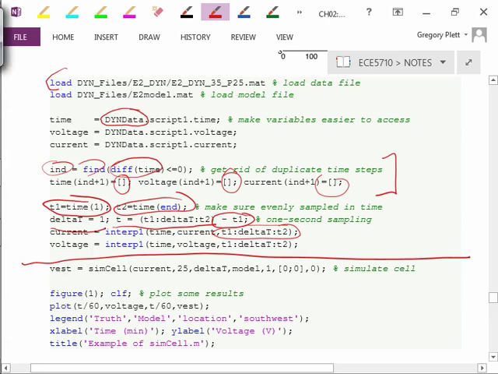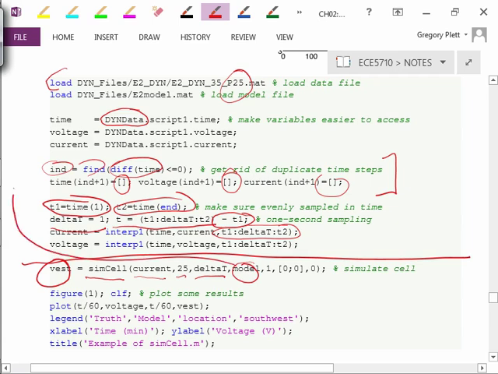Here, vest, I'm estimating cell voltage by calling simcell.m. The first input is current versus time. Second input is temperature, which is 25 degrees Celsius, which, by the way, I indicated to myself in my file name as plus 25. This is the sample period, delta t seconds.